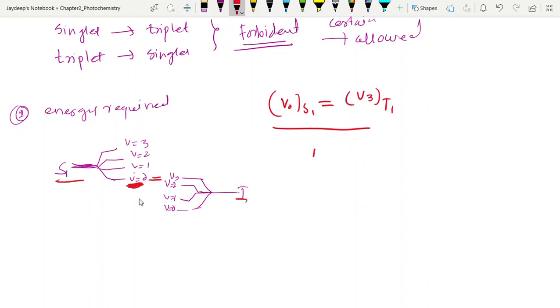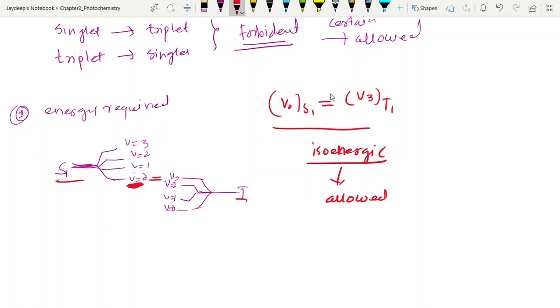So these states are isoenergetic, that means they have equal energy. Such types of transitions are allowed. What I mean is, when the energy of two different states, either singlet or triplet, have the same vibrational energy levels, in that case the transition should be allowed.